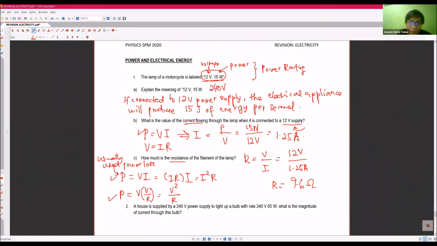How about if we want to use the other two formulas? Let's try the first one. If the power is I squared R, then R equals P over I squared. If we plug in the values, I squared is 1.25 squared, and it will become 9.